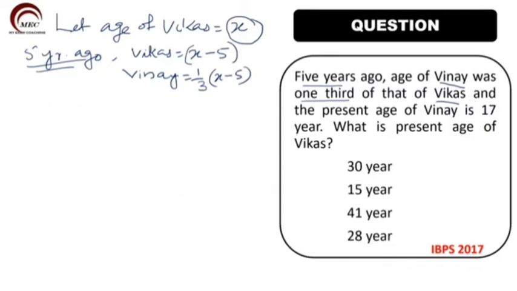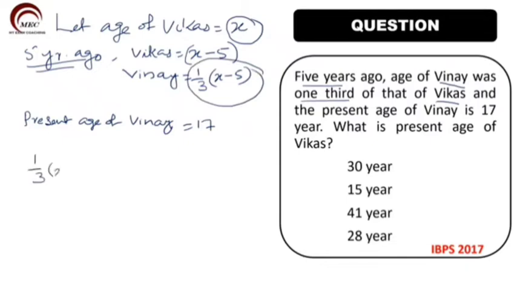Present age of Vinay is given equal to 17. But we know 5 years ago, this was the age of Vinay. So 1/3 of (X minus 5) plus, when you add 5 years more, you will get the present age 17.